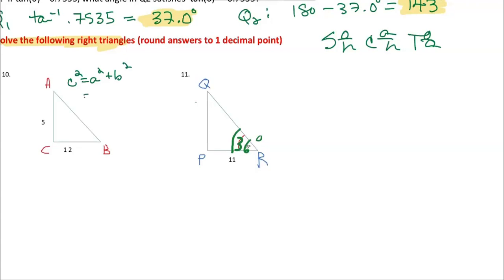So c squared equals the a side is 12 squared, the b side is 5 squared. So therefore c is going to be the square root of this, and I get c to be exactly 13. Okay, this is a Pythagorean triple. So it's exactly 13.